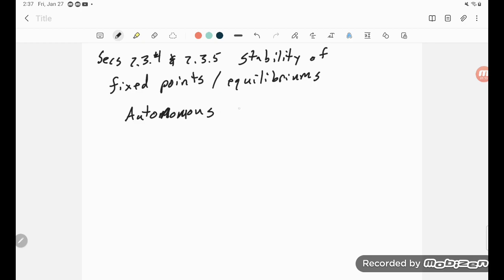Okay, autonomous ODE. And so again, we're just looking at things like u prime is equal to sine of u. That's quite the differential equation there, right?